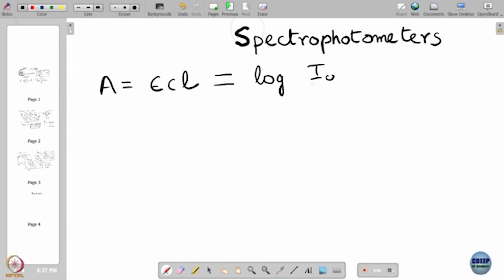And we also learned that for a non-reflecting absorbing sample, IT is simply I0 minus IABS. Since IABS is the important quantity for us, let me write it like that.